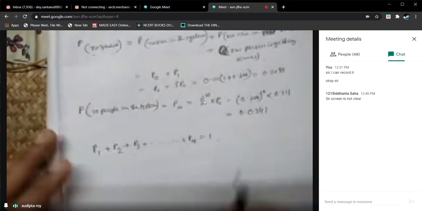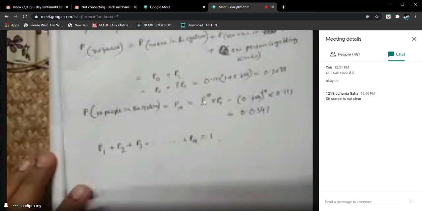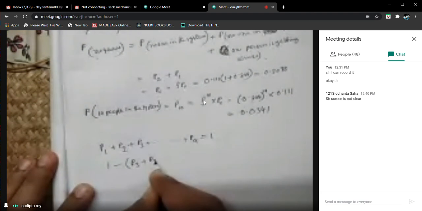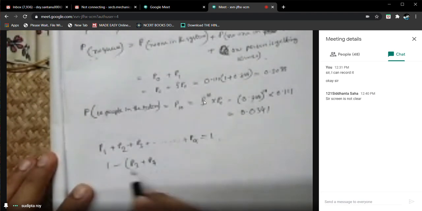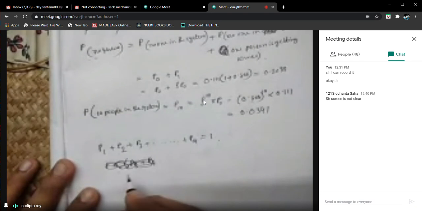Okay, so the probability that there are more than 2 people in the system is basically 1 minus P3 plus P4. Oh sorry, I mean more than 2. Okay, so P1 and P2 will be cancelled out.